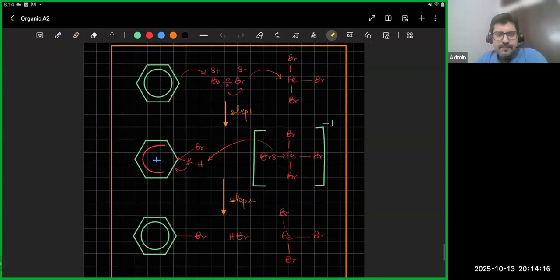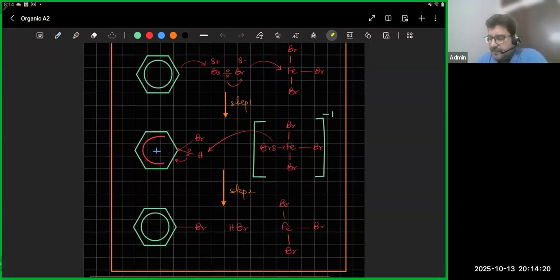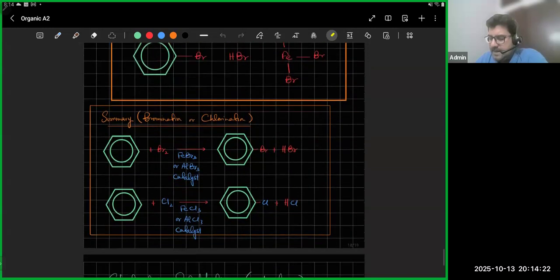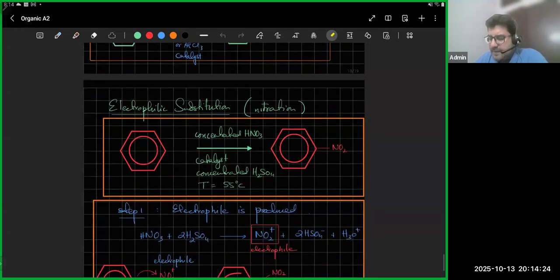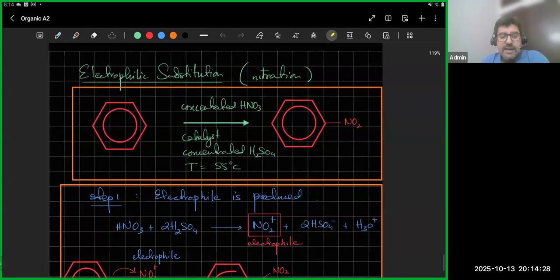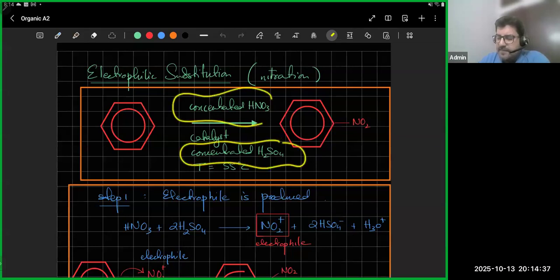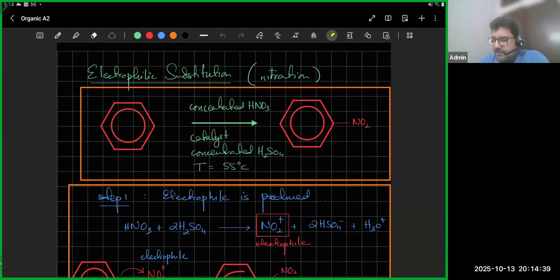It was a simple reaction. All you needed was a catalyst. And then we did the electrophilic substitution called nitration, where you had an NO2 getting attached. Concentrated sulfuric acid and concentrated nitric acid were added, and the temperature was 55.